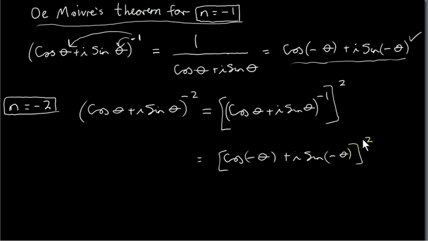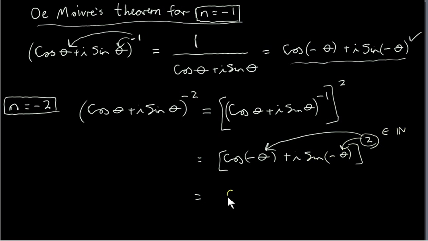Now in the last video, we proved de Moivre's theorem for the case where the power is a positive integer or a natural number. So we know what to do with this. We know that we can multiply this power by the argument, because it's an element of the natural numbers. We proved that situation in the previous video.